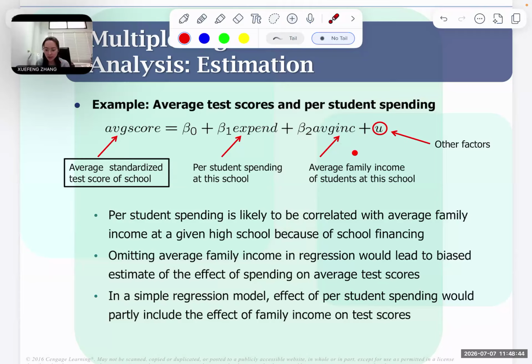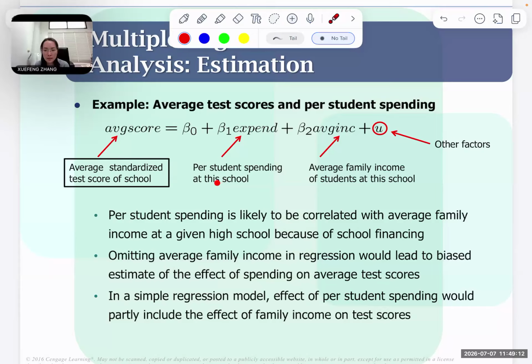Because in richer families' schools, schools tend to spend more per student, right? School financing often comes from local property taxes, so wealthier areas fund their schools better. So expenditure and average income are correlated. So here is the problem.